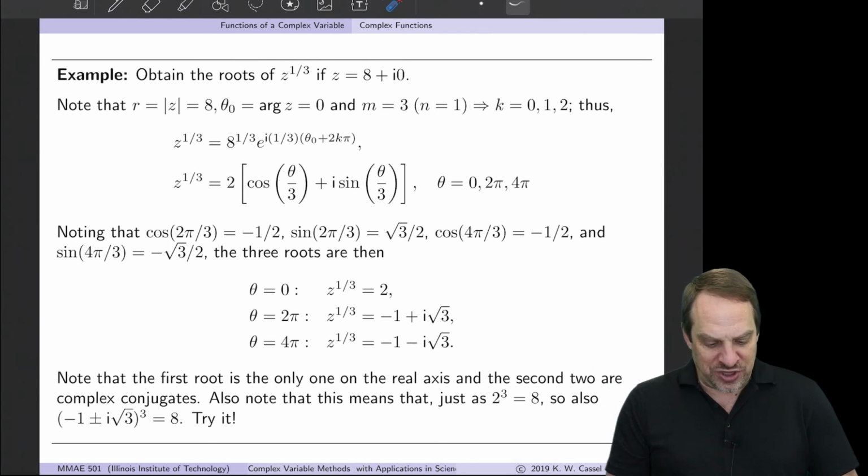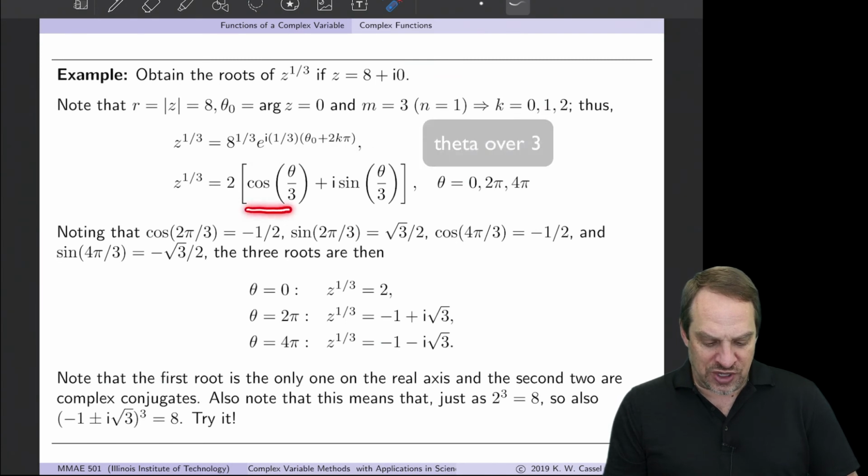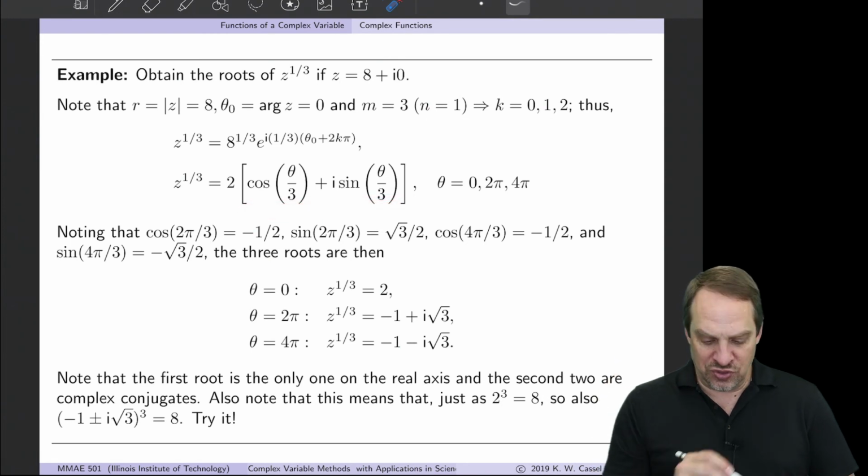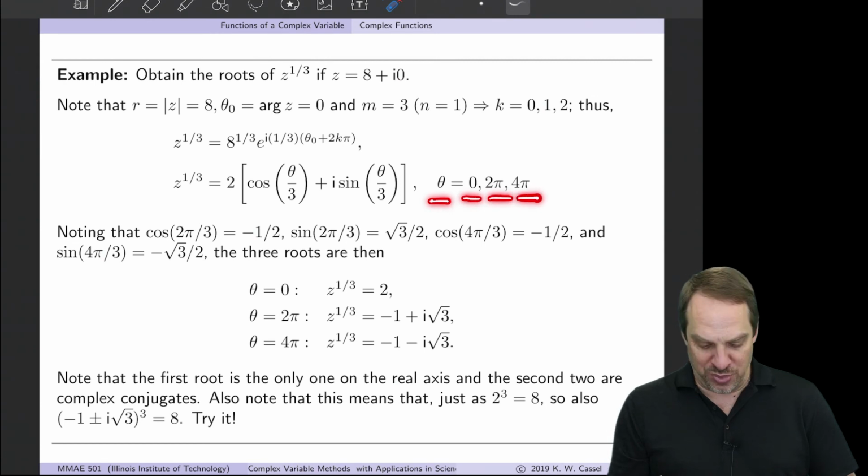So from the expression that we just had for the fractional power of z, z to the 1/3 is 8 to the 1/3, which of course is just 2, times e to the I 1/3 times theta 0 plus 2k pi. I'm going to write that as cosine of pi over 3 plus I sine pi over 3. And now k being 0, 1, and 2 corresponds to theta being 0, 2 pi, and 4 pi.